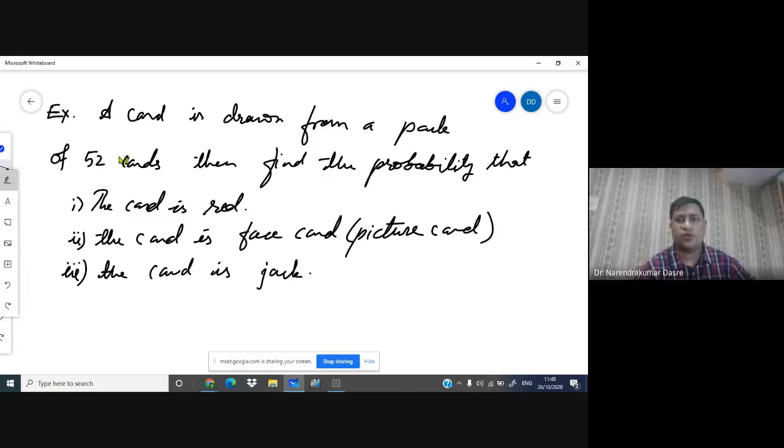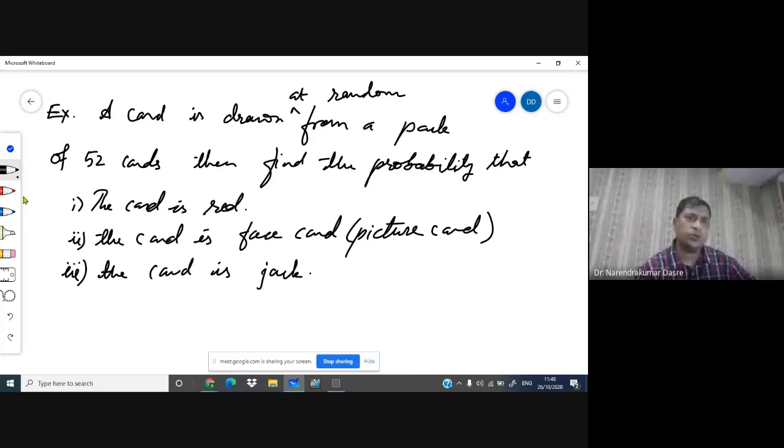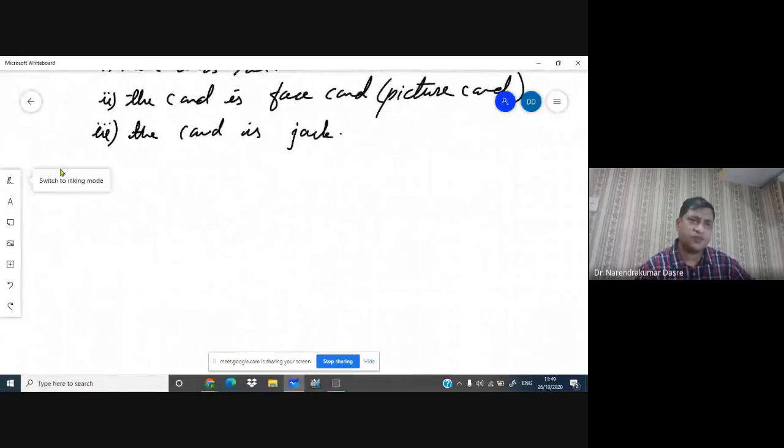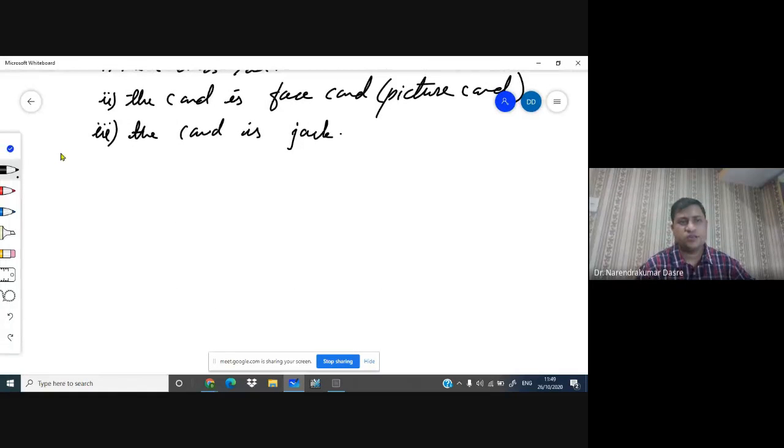We don't know how we are drawing the card, we are just picking a card at random, and then we want to find the probability of these events. To understand the probability of these events, we need to understand the pack of cards that we have discussed. So we go with the solution.